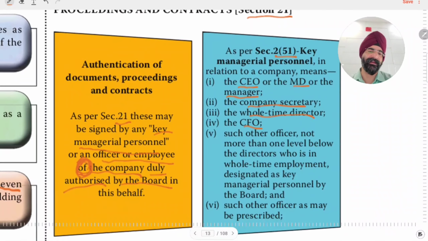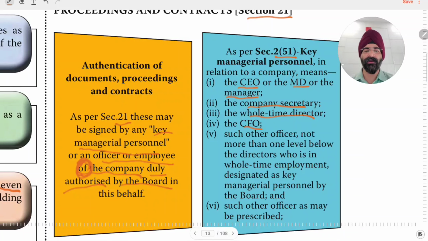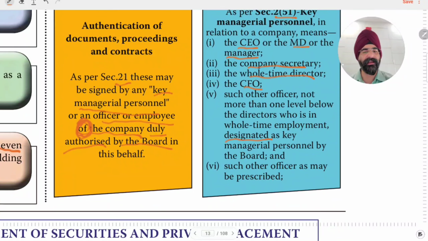So the board can designate a person one level below the directors to be a KMP, as well as such other officer as may be prescribed. Officer of the company.